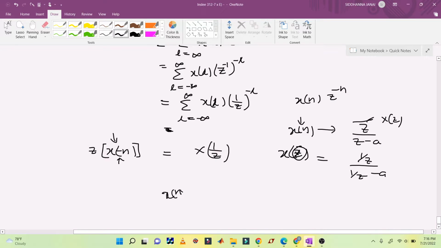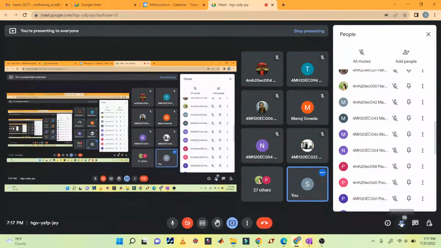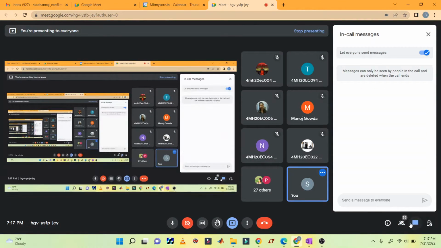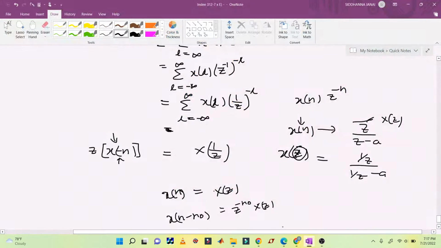If x of n provides you x of z, then x of n minus n naught provides you z to the power minus n naught x of z. I am asking, n naught is equal to minus 1. Then you can write x of n plus 1, so what will happen? z to the power 1 x of z.